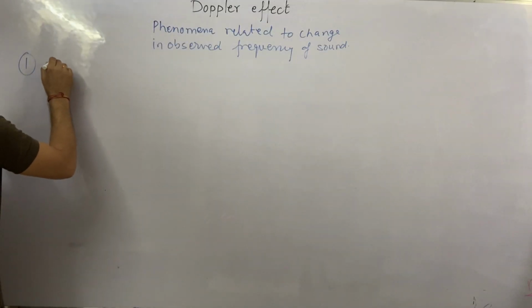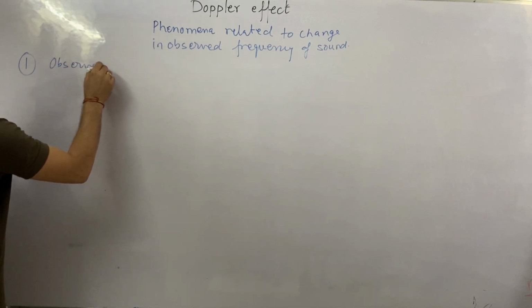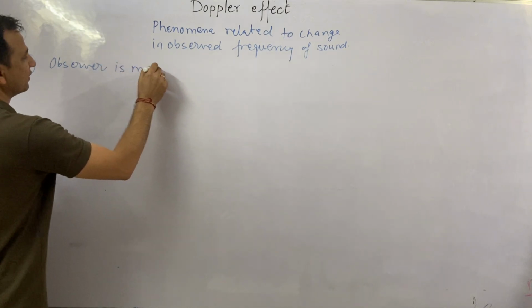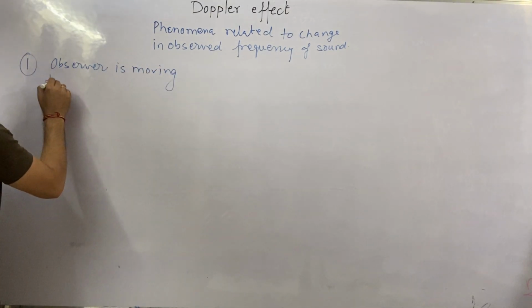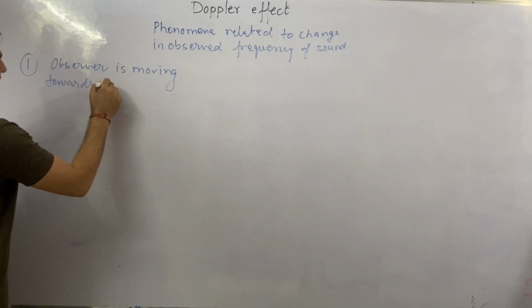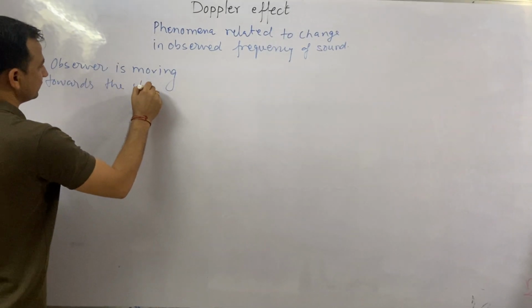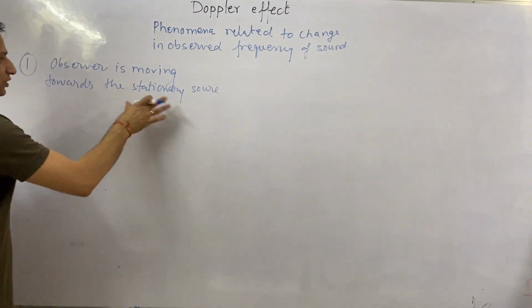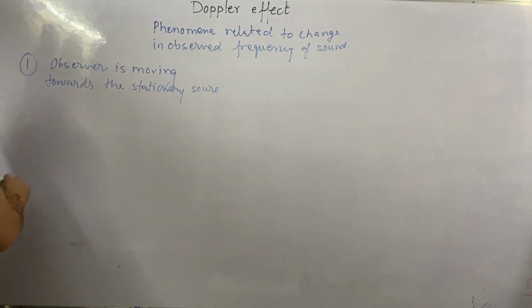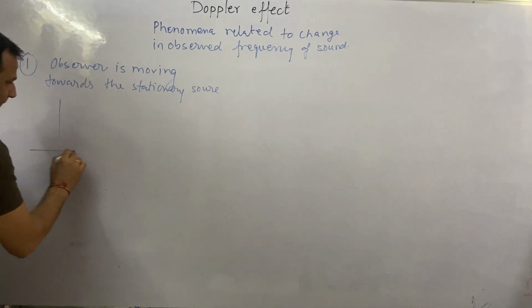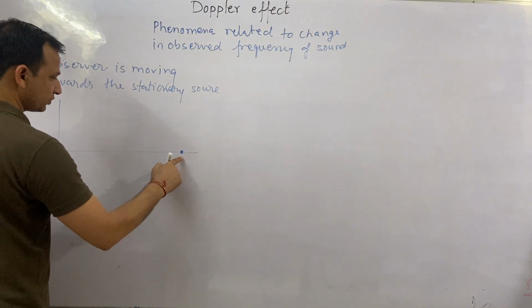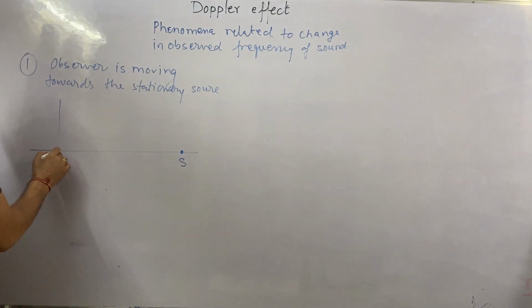observer is moving, and imagine the observer is moving towards the stationary source. So the source is stationary. Let's draw a simple diagram here, and I will draw the position of source somewhere here and the position of observer somewhere here.